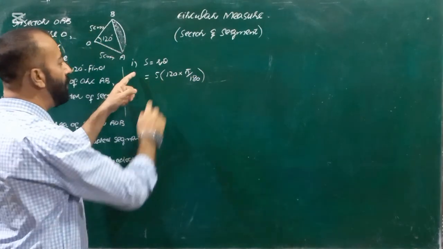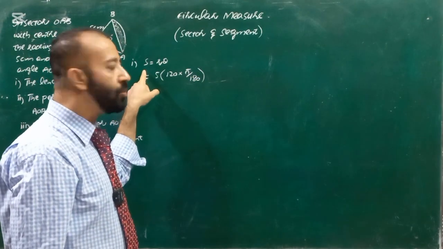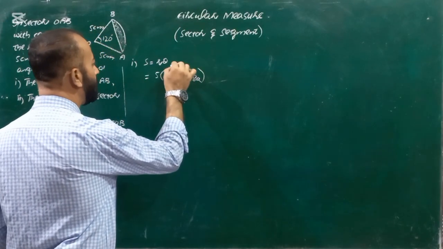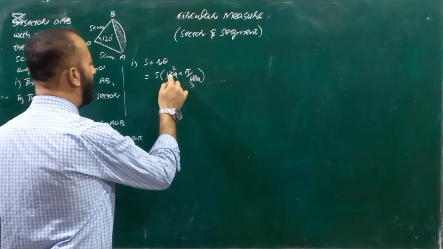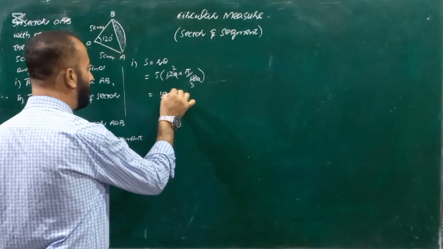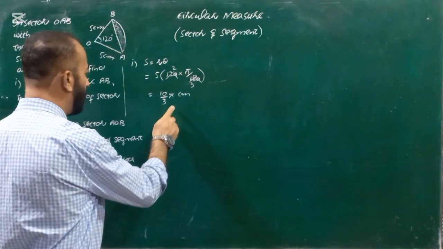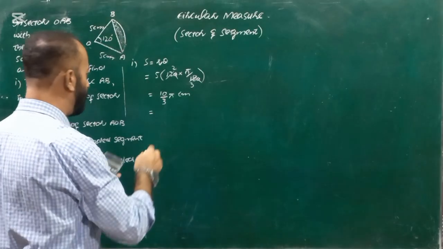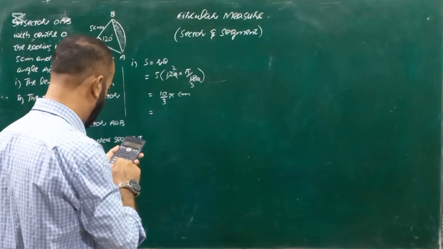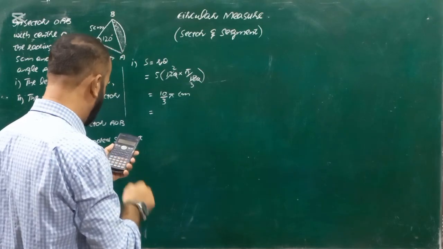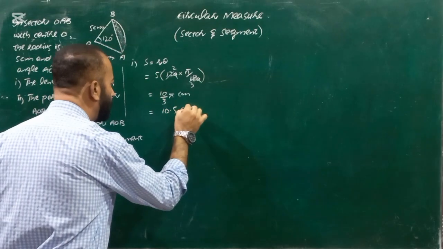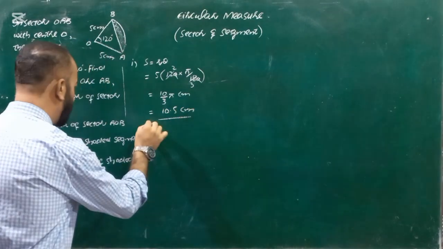Because when we use this formula, the angle should be in radian mode. So 0 will be cancelled, 6 2s are 12, 6 3s are 18, and 5 2s are 10 pi, so 10 pi over 3. You may use a calculator to solve it. 10 pi divided by 3 is 10.5 centimeter. This is the first part done.